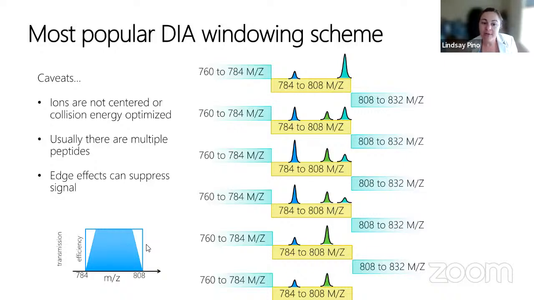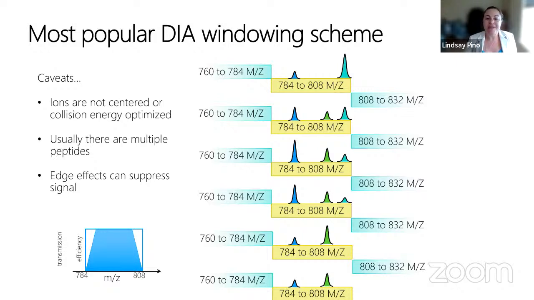So the point of overlapping window DIA, it depends what you mean. For margin overlap, the point is transmission efficiency. By having the slight margin overlaps, you don't have that transmission efficiency problem. The other way around that is to just use the forbidden zones and put your window boundaries at the forbidden zones.